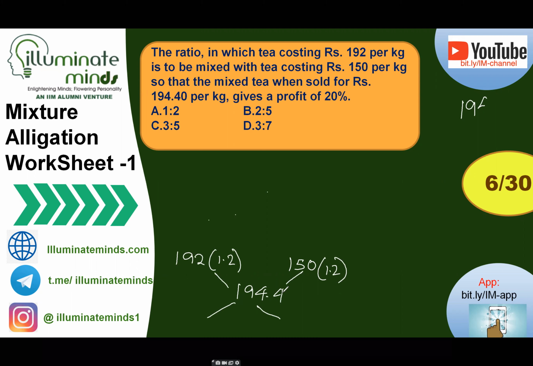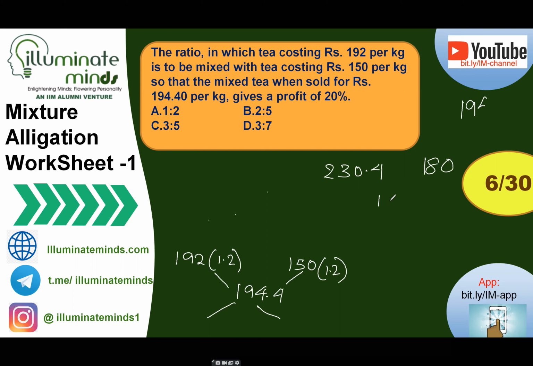So the final answer will be how much, guys? 192 into 1.2: you can multiply this and it will give you 230.4. 150 into 1.2 will give you how much? 180.